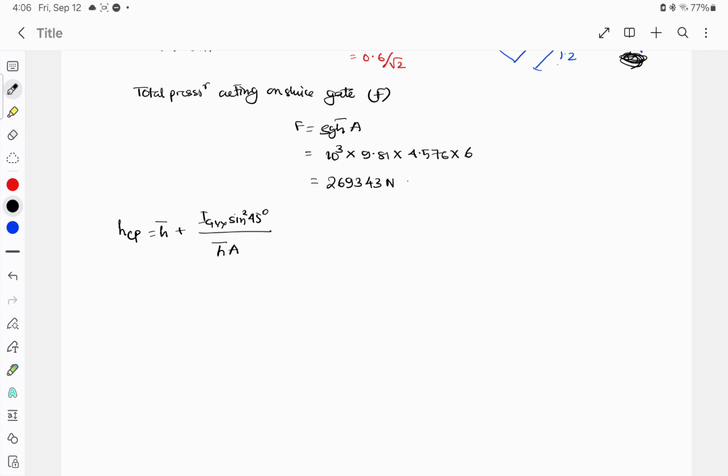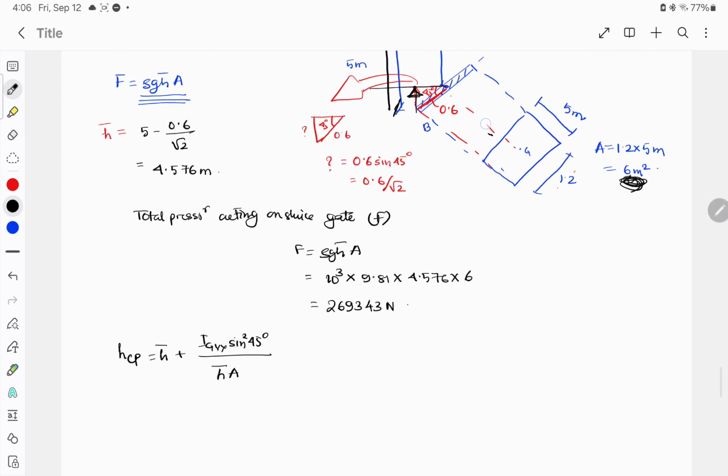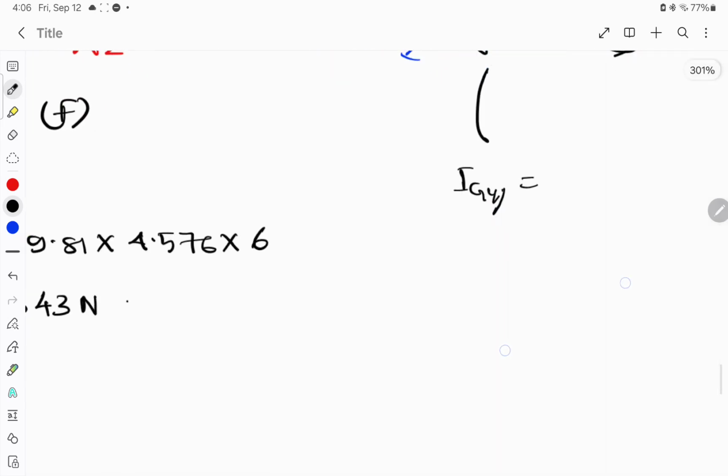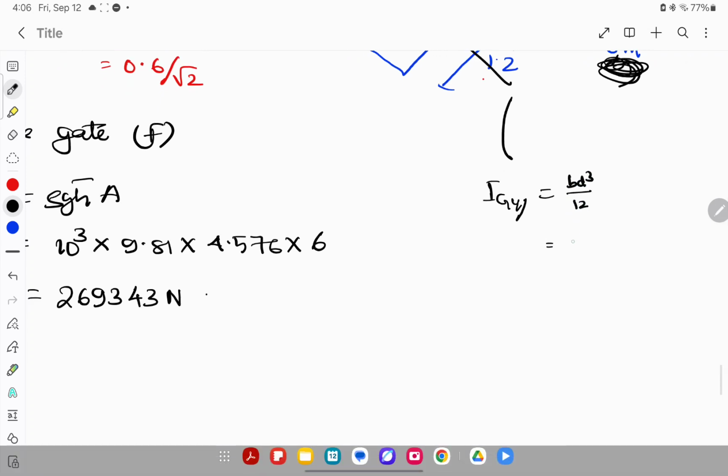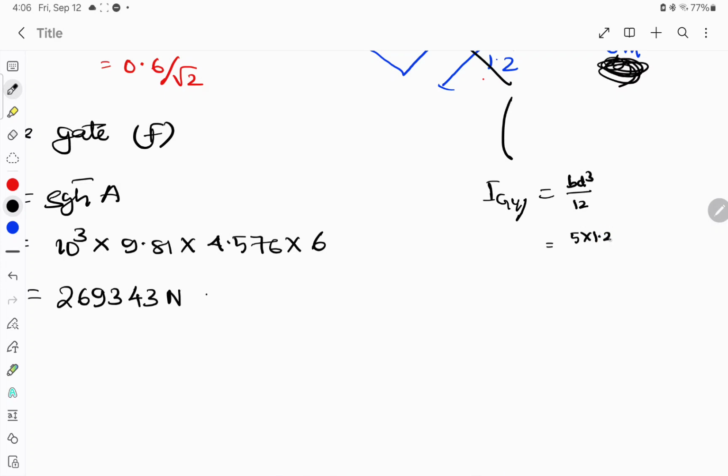IGYY अगेन रेक्टेंगल है, ये IGYY होगा, राइट? सो फ्रॉम सेंटर ऑफ ग्रेविटी, सो रेक्टेंगल है, सो IGYY विल बी व्हाट? IGYY विल बी हाउ मच? d cube by 12. If I calculate it, it will be 5 into 1.2 cube divided by 12.